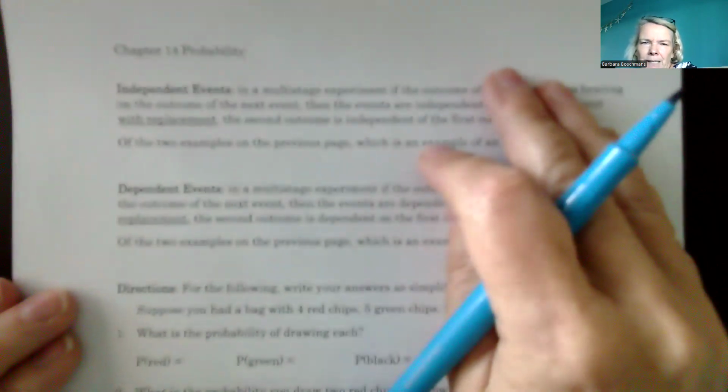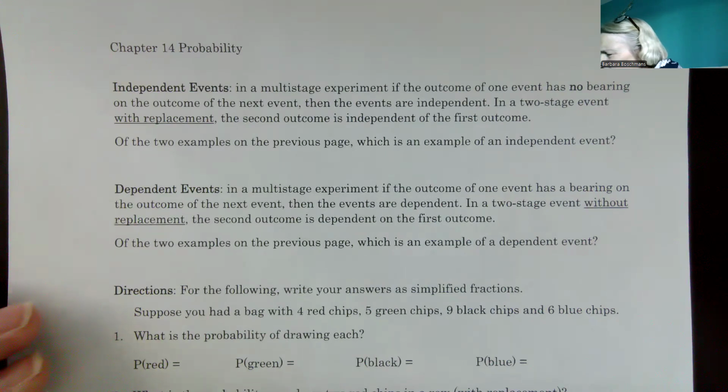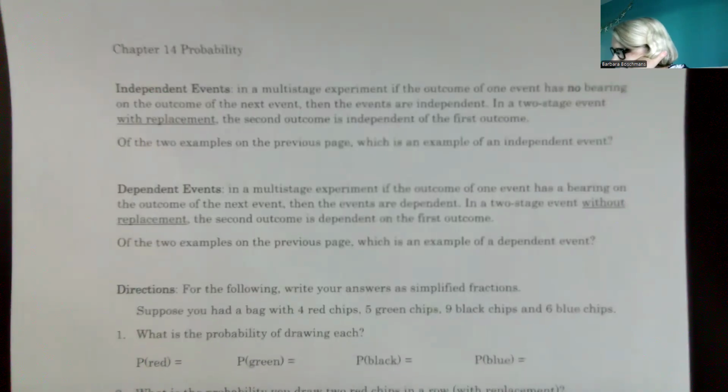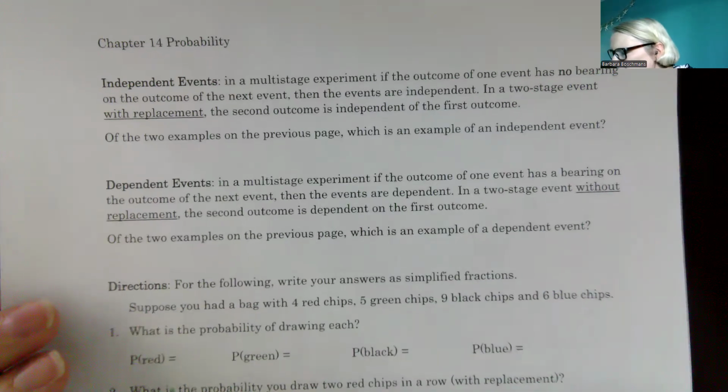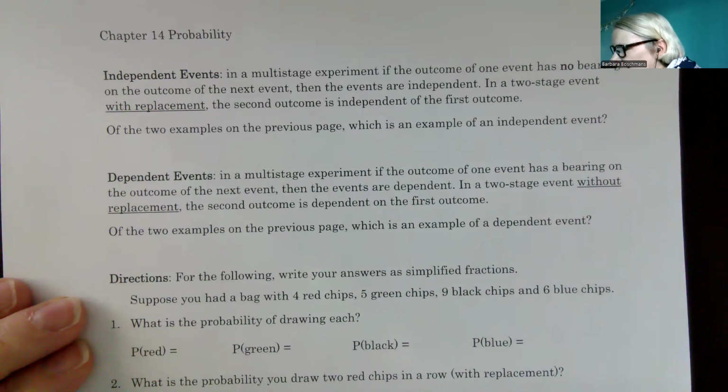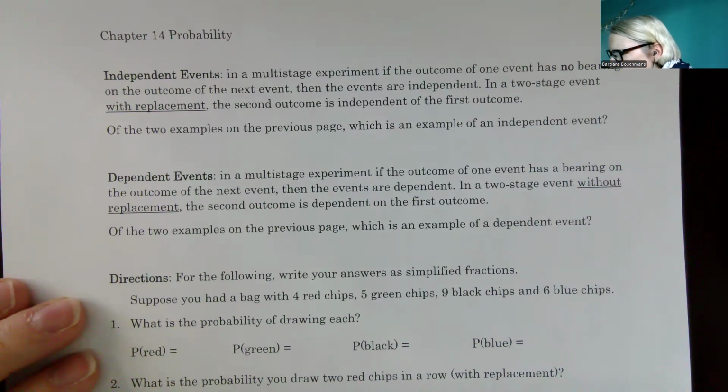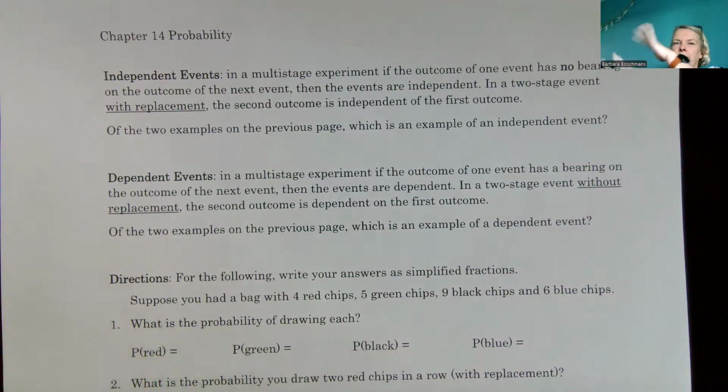So where do independent and dependent events come in? Independent events in a multi-stage experiment, remember multi-stage is you do 2 things, we pick 2 marbles, is that the outcome of one event has no bearing on the outcome of the second event. This is where we have the process of with replacement, because if I put the blue marble back, picking the second marble is not influenced by anything.